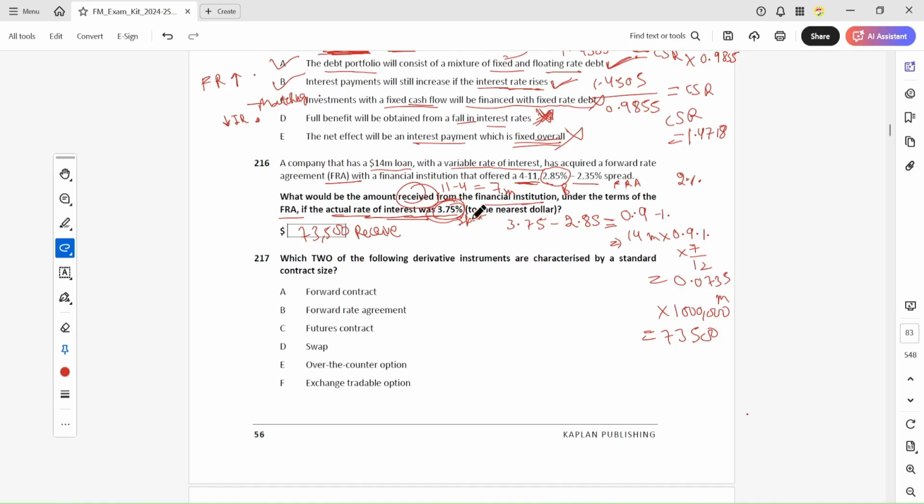Okay, next is which two of the following derivative instruments are characterized by standard contract size?